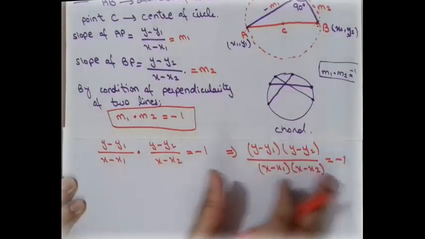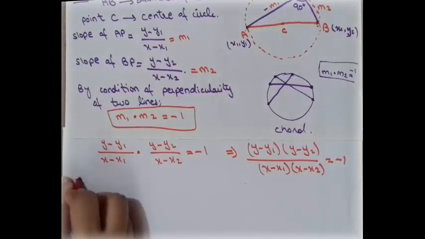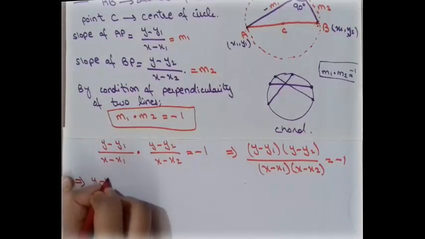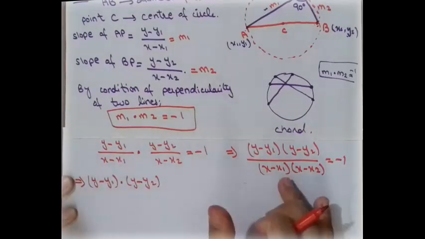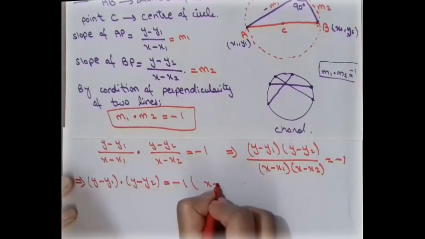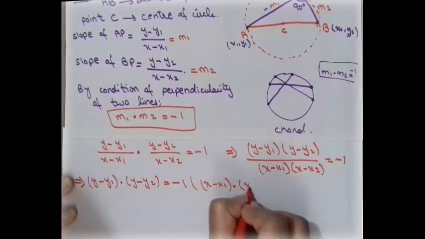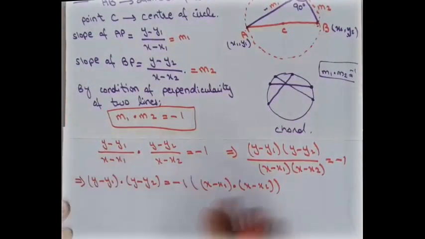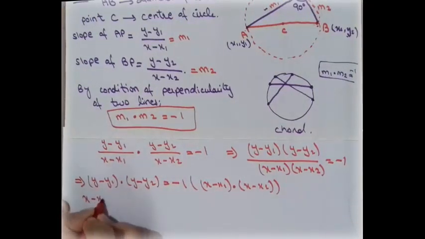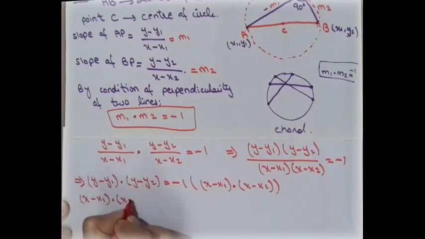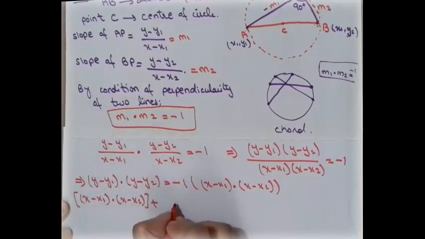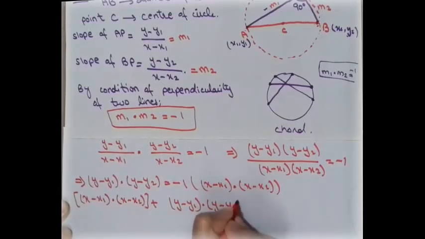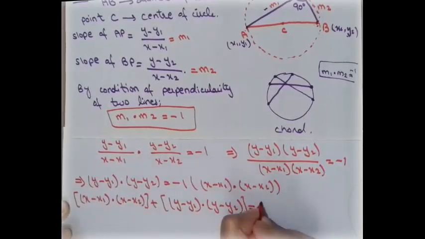Cross multiplying, we can write it as y minus y1 multiplied by y minus y2 equals minus 1 times x minus x1 multiplied by x minus x2. The sign is plus because this term is already on this side, so it becomes x minus x1 multiplied by x minus x2 plus y minus y1 multiplied by y minus y2 equals 0.